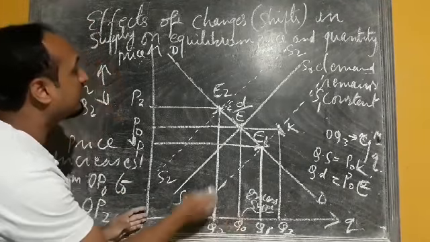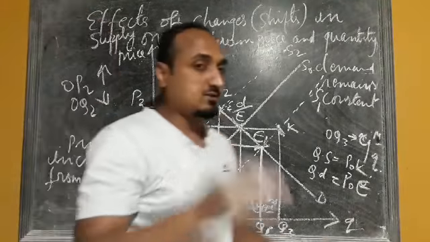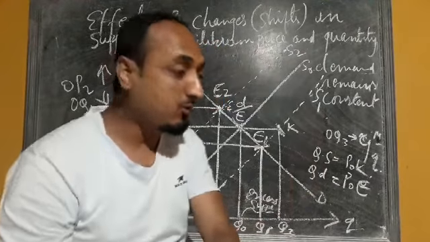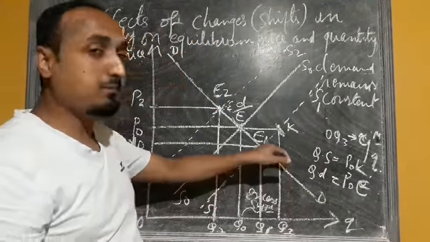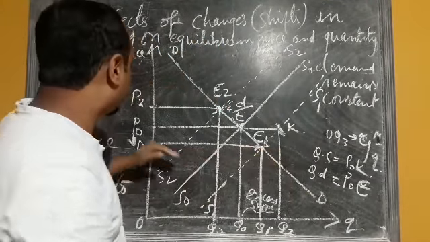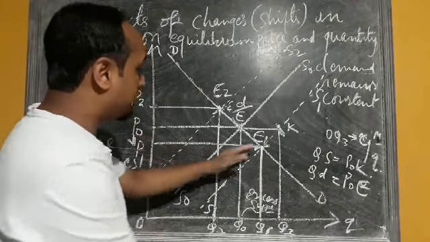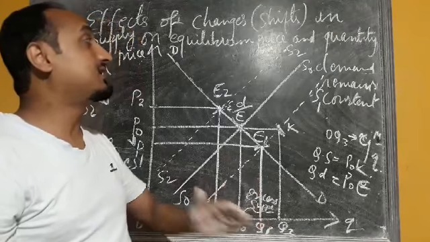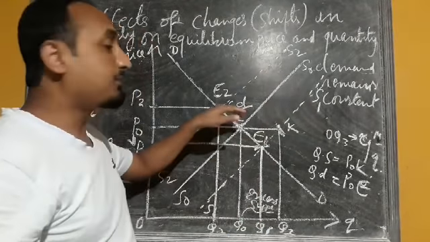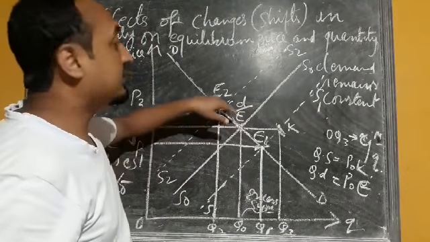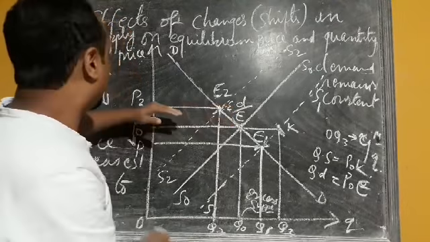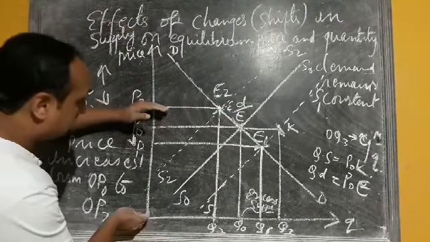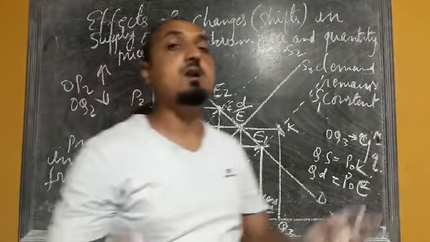So when supply curve shifts rightward, we will get the new equilibrium point at which the equilibrium price will decrease and the equilibrium quantity will increase. But in the case of decrease in supply, equilibrium price will increase and the equilibrium quantity will decrease.